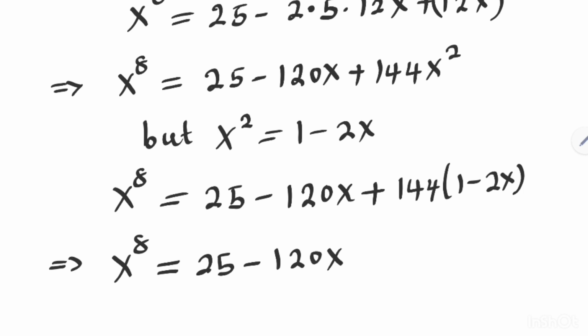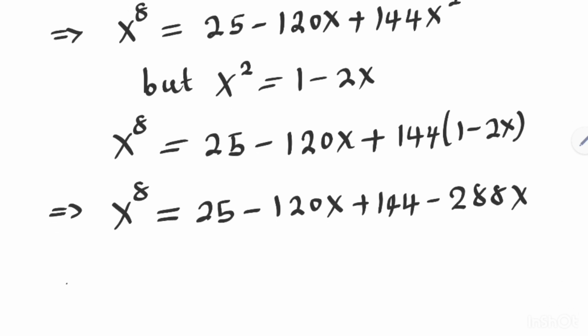Let's open this bracket. 144 multiplied by 1, this is plus 144, minus 144 multiplied by 2x, that is 288x.